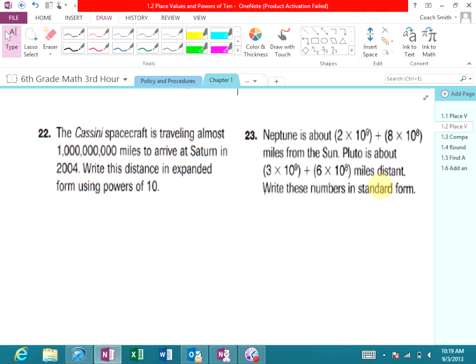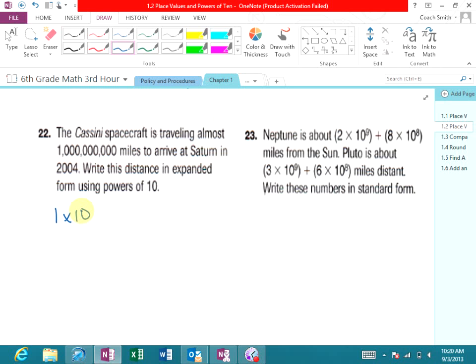Just put 1 times 10 to the 10th power? It is 1 times 10 to the something, but how do we know the something? Emma? Why do you think the 9th?